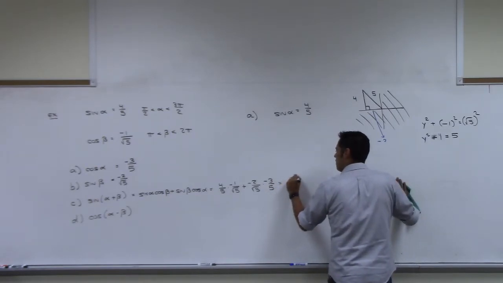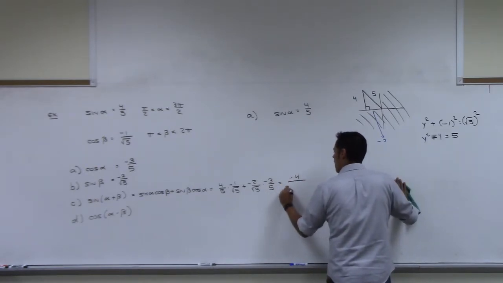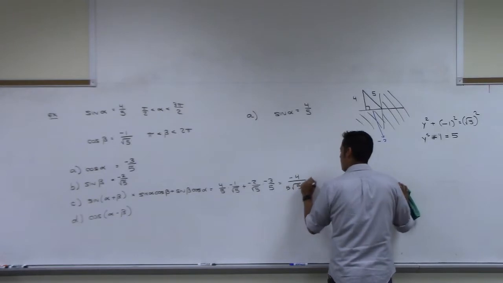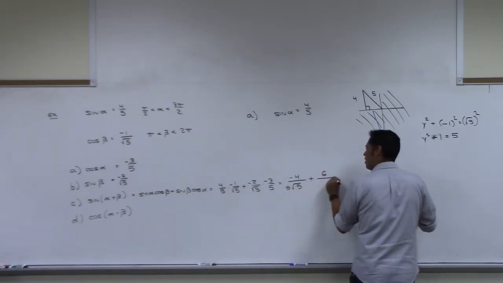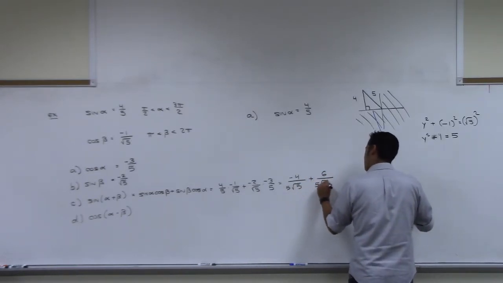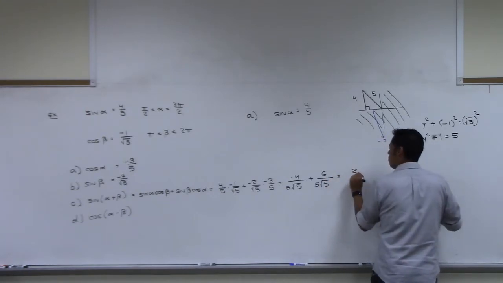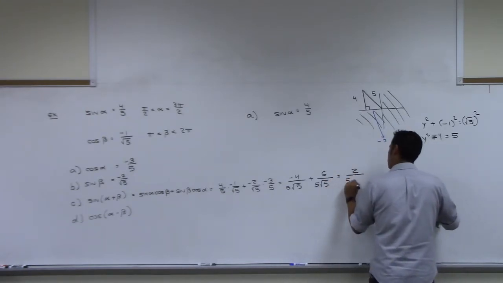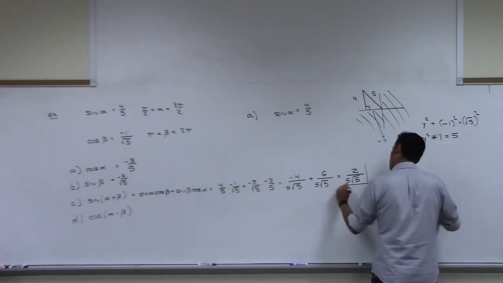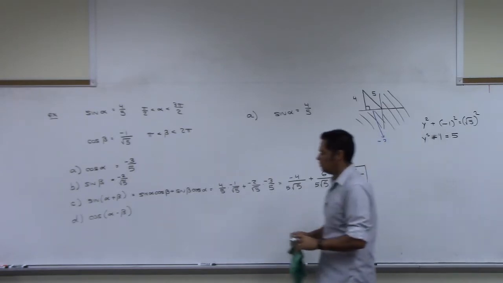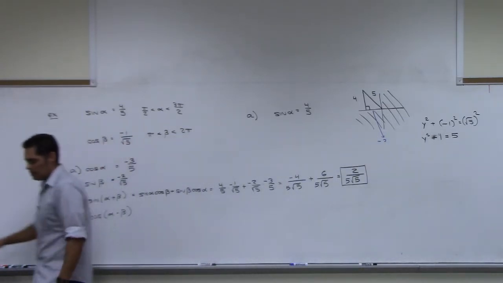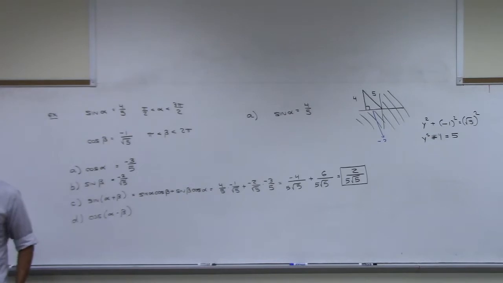So -4 over 5 root 5 plus 6 over 5 root 5 equals 2 over 5 root 5. They both had the same denominator, right?